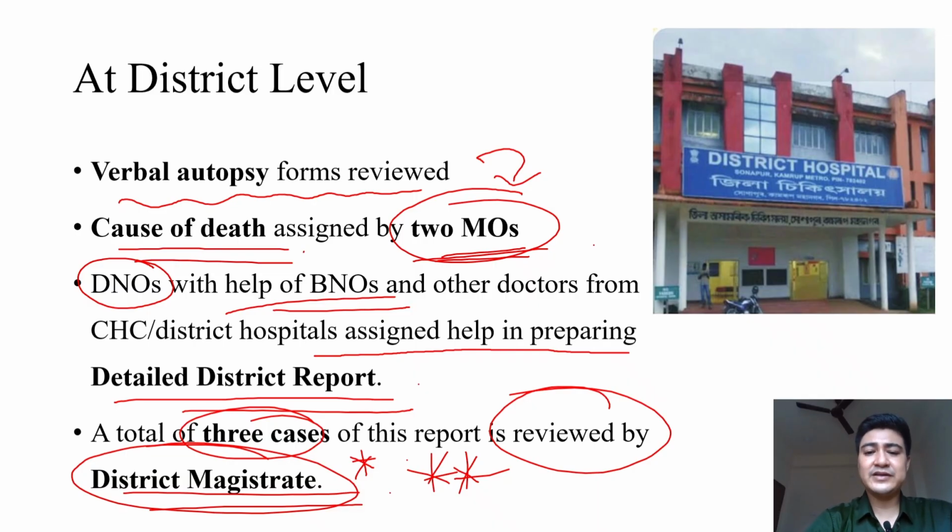The selection of these 3 cases is done at the district level itself. And the district magistrate, after reviewing these cases, makes the necessary changes and takes appropriate action for reducing the morbidity and mortality of children.